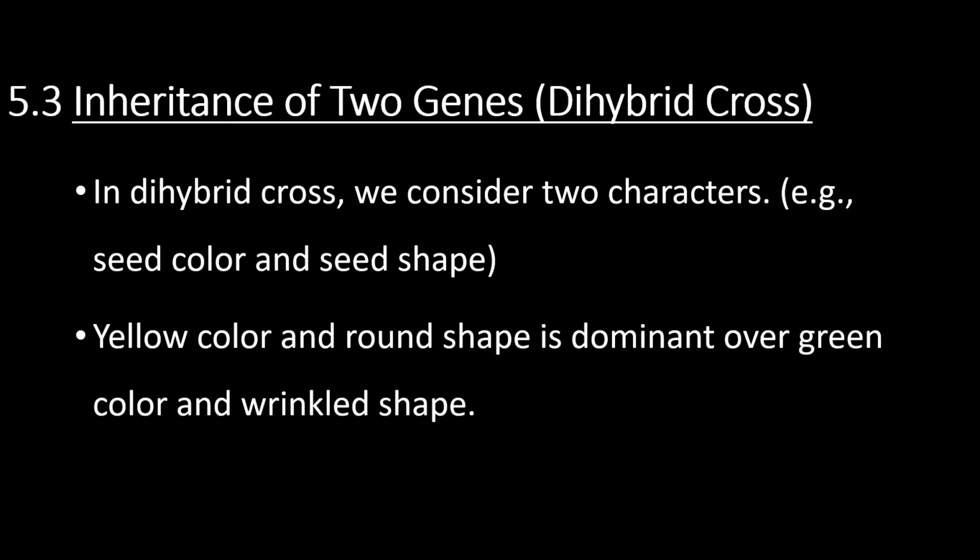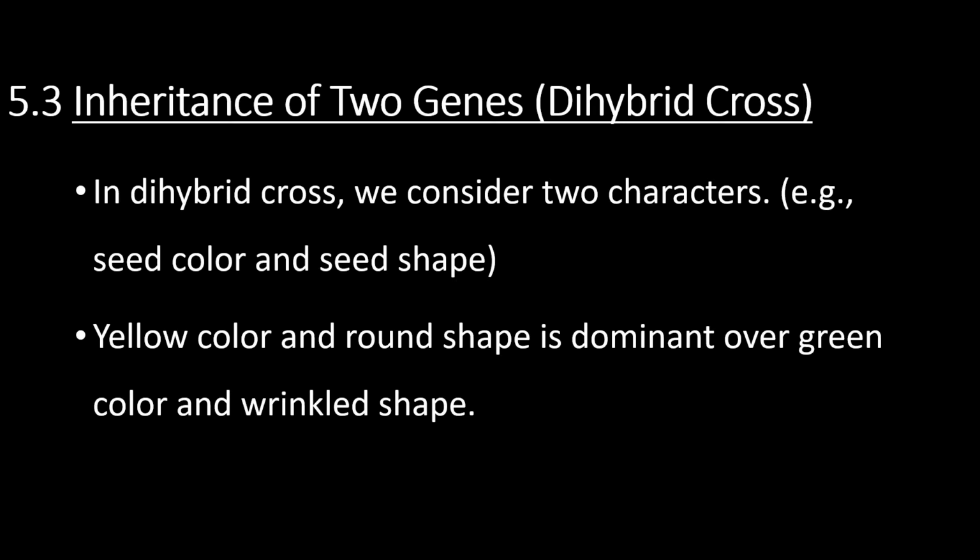Encouraged by results that were obtained from monohybrid cross experiments, Mendel further continued his experiments. This time, he worked taking two pairs of contrasting characters at a time. In dihybrid cross, we consider two characters, that is seed color and seed shape.